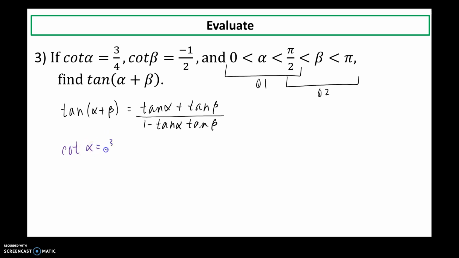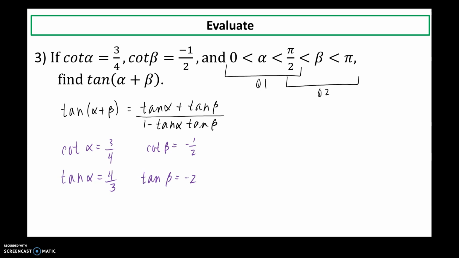If the cotan of alpha is 3/4, then the tangent of alpha is just its reciprocal, so it's equal to 4/3. If the cotan of beta is equal to -1/2, then the tan of beta is just going to equal -2. That's the reciprocal.